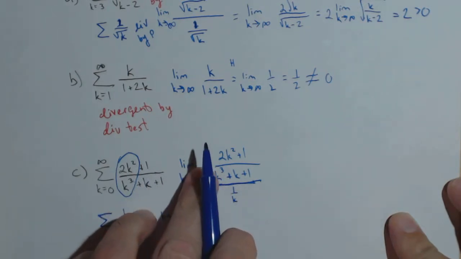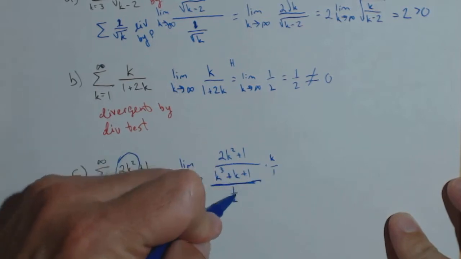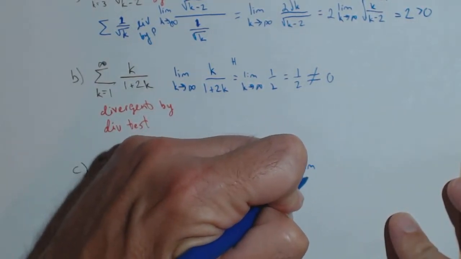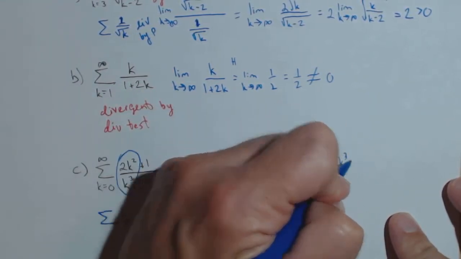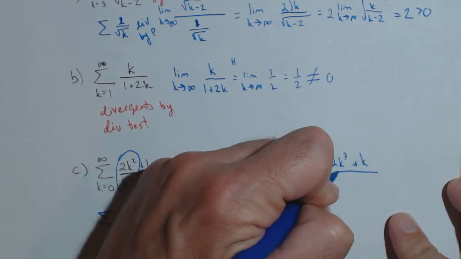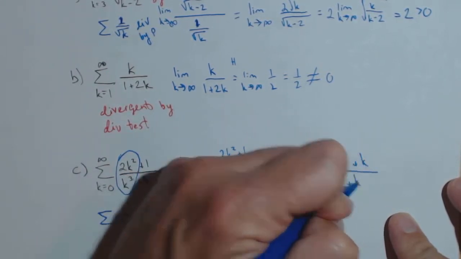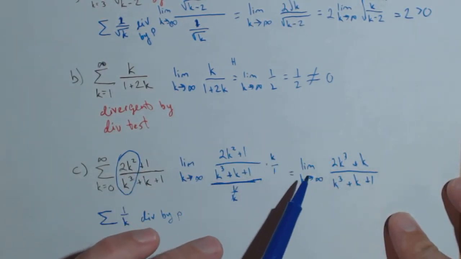So we're going to flip that bottom guy and multiply, so the numerator is going to get multiplied by k. So we have the limit as k goes to infinity of 2k cubed plus k over k cubed plus k plus 1. Now, a couple options on calculating this limit.